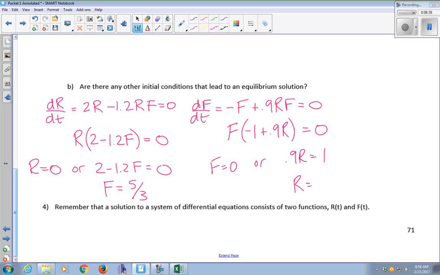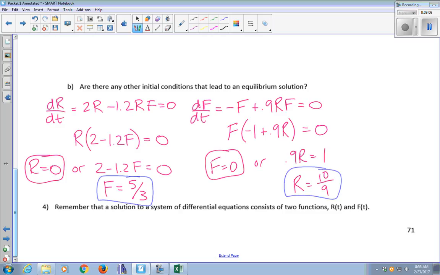So this is 1 1/9, which is 10/9. So I already knew R equals 0 and F equals 0. That was one equilibrium solution, right? My other equilibrium solution happens when there are 5/3 foxes and 10/9 rabbits.